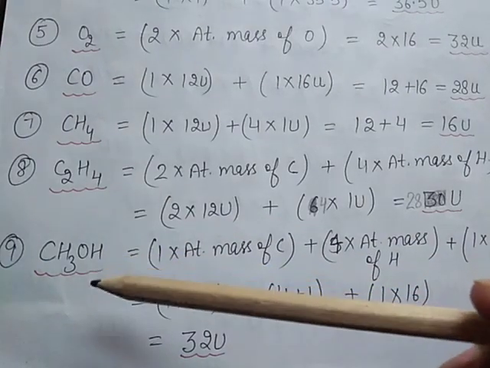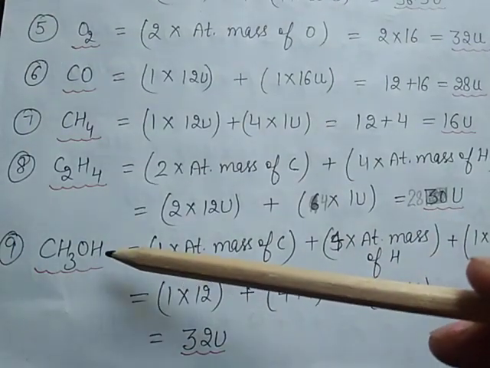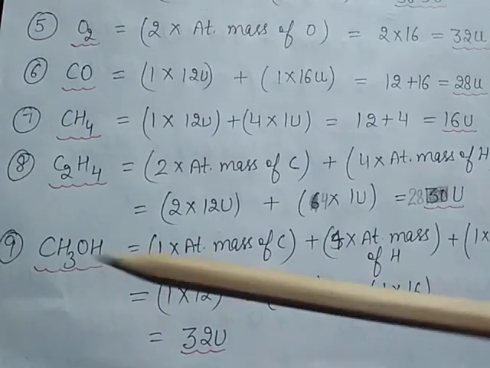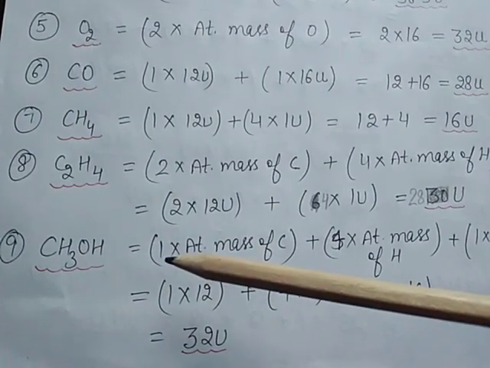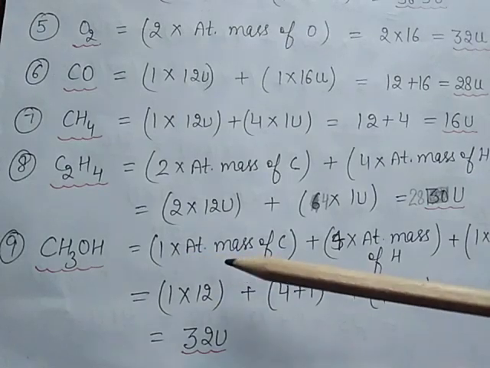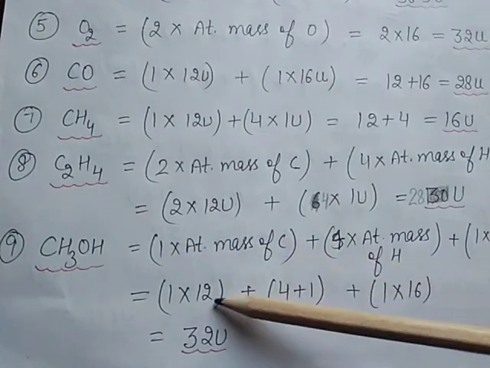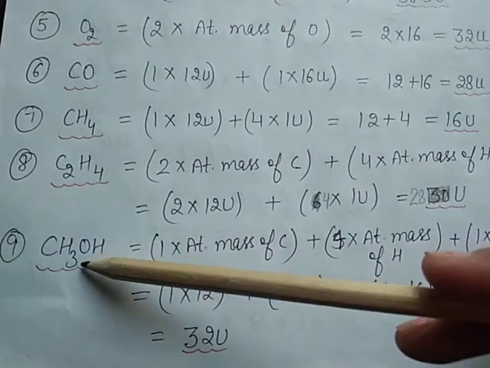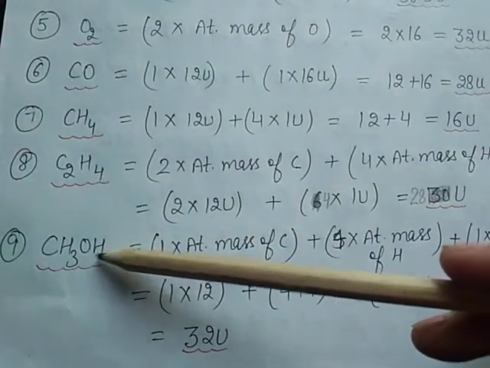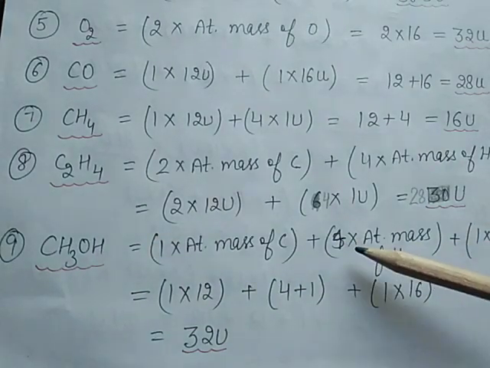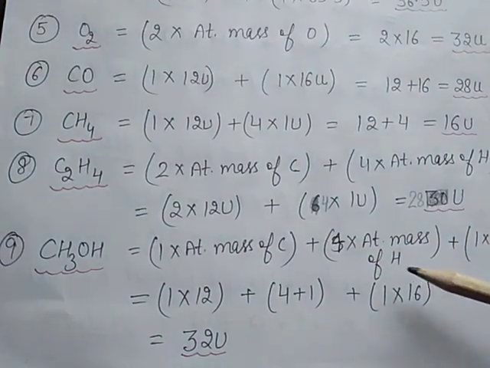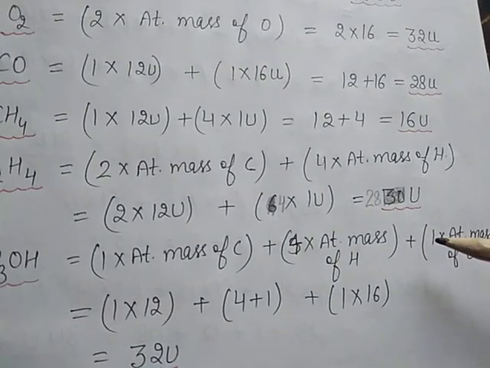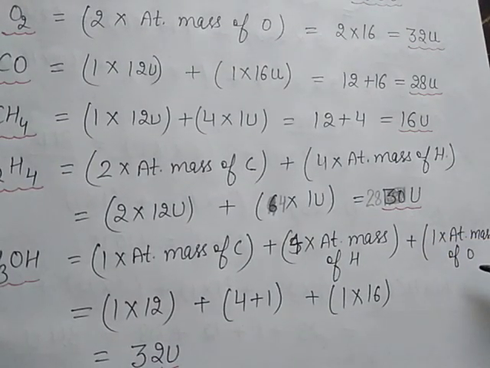Now next is CH3OH. Its name is methanol. 1 atom of carbon multiplied by the atomic mass of carbon, that is 12, plus total hydrogen is 3 here and 1 here, total is 4. So 4 multiplied by the atomic mass of hydrogen plus 1 atom of oxygen multiplied by the atomic mass of oxygen.